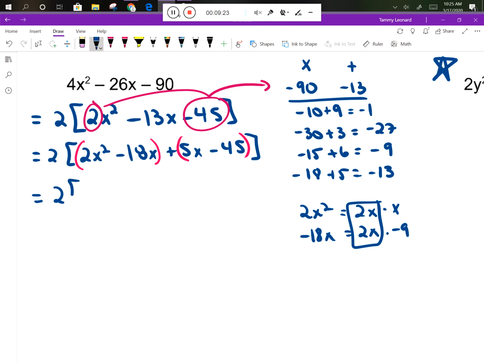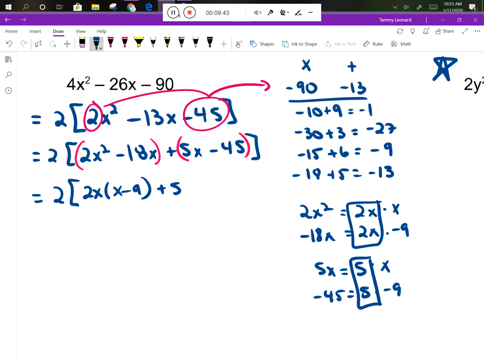So I have the 2 outside the brackets, and inside I'm going to have a 2x factored out from x minus 9. And then I'm going to look at 5x and negative 45. So we have the 5 as their GCF needing to be multiplied by an x and a negative 9. So we factor out the positive 5, leaving behind an x minus 9.